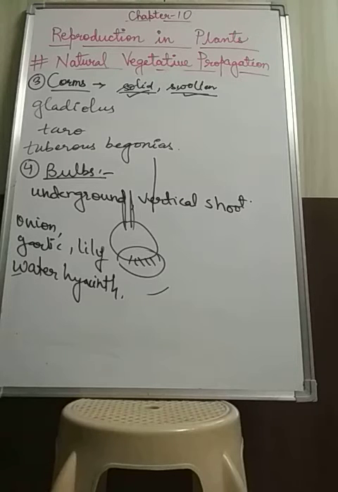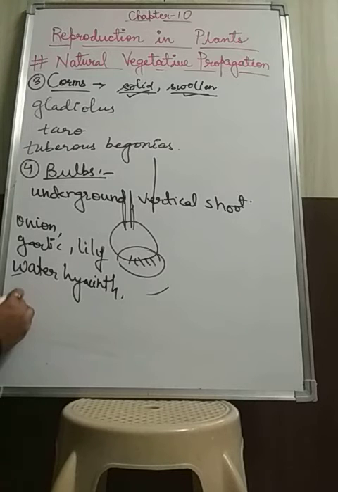Now students, one more important fact about these structures, tubers, rhizomes, corms and bulbs: all of these are swollen and fleshy because they serve the same purpose in different ways. They all store food that gives the plant the energy it needs to grow, bloom and complete its life cycle each year. That's why all these structures are swollen or fleshy, so that they can easily store the food.